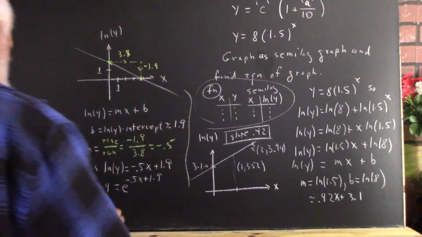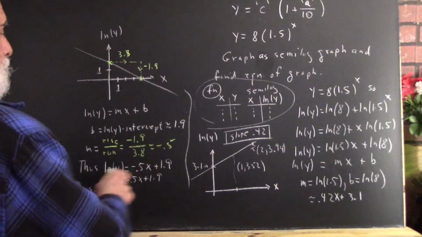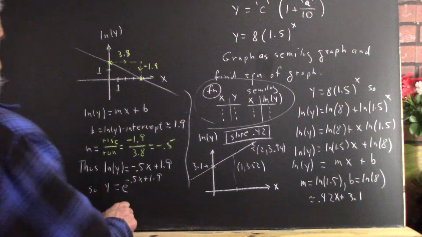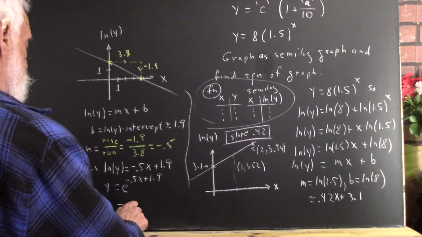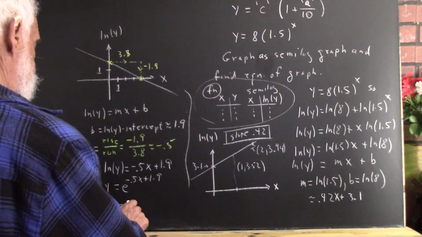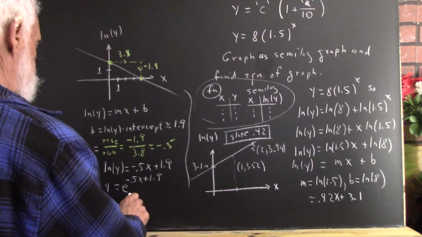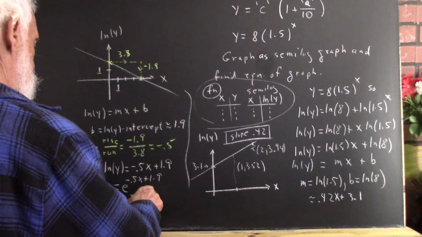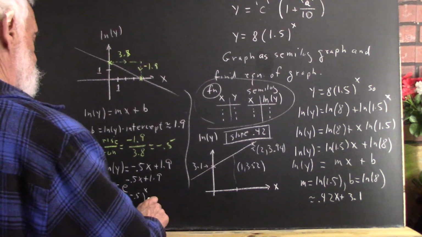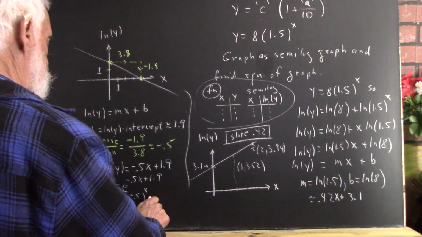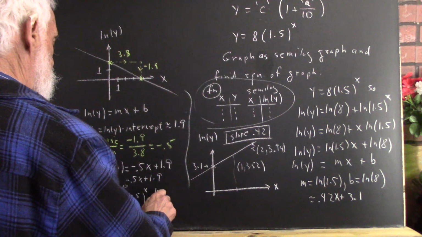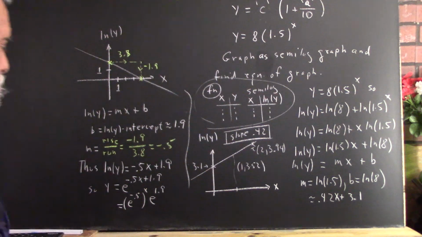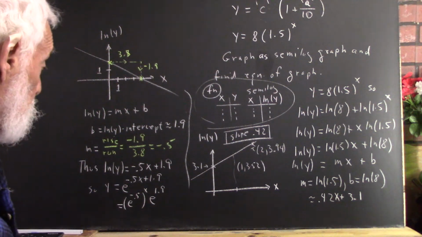And again, that's a step. Once we have natural log of y, I think you're pretty much home free. We can easily see what this is going to be. So that's e to the negative 0.5x times e to the 1.9.